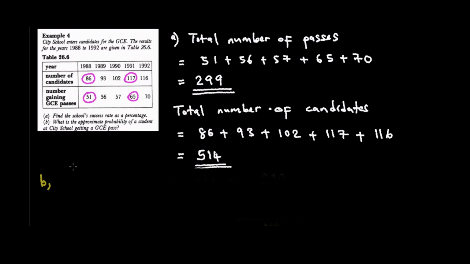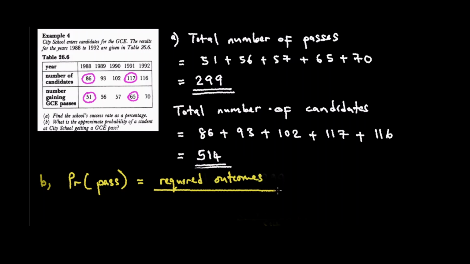Saka probability yekuti student ipase imbori chii? Mapabata. Saka isitozva kuti probability for a pass iri equal to required outcome over possible outcomes.